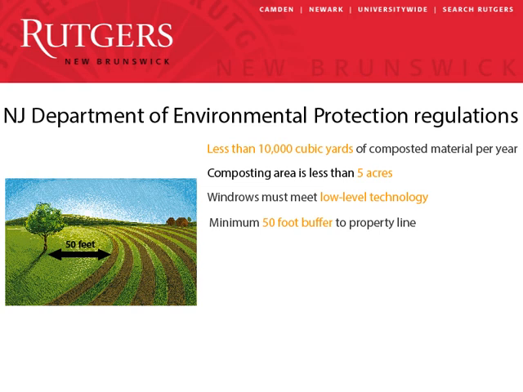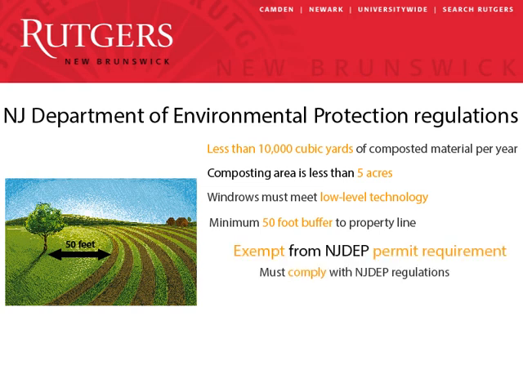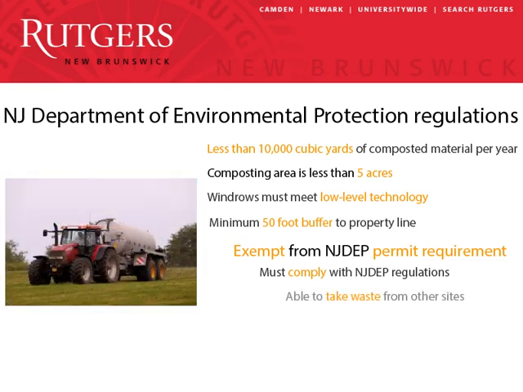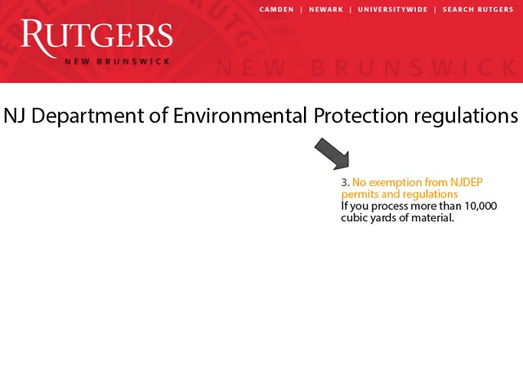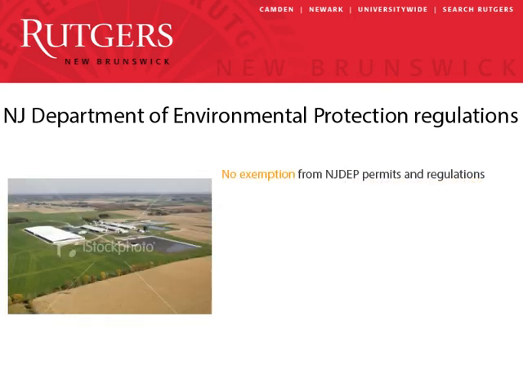If your farm meets these regulations, then you're exempt from a permit requirement, but you still must comply with the following NJDEP regulations because you are allowed to take in waste from other sites. You must report how much you're taking in to the NJDEP and be sure to complete the compost operator course each year.